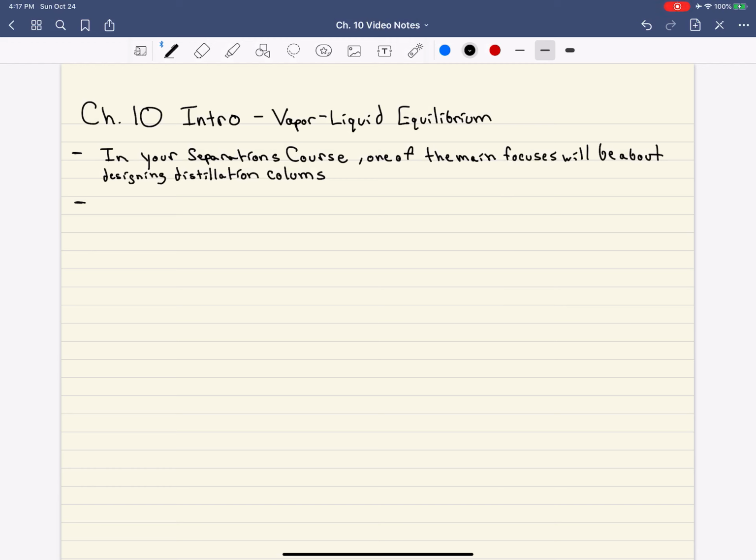It's a very complicated process, but you could break down this process into easily digestible chunks by using very specific mathematical models.